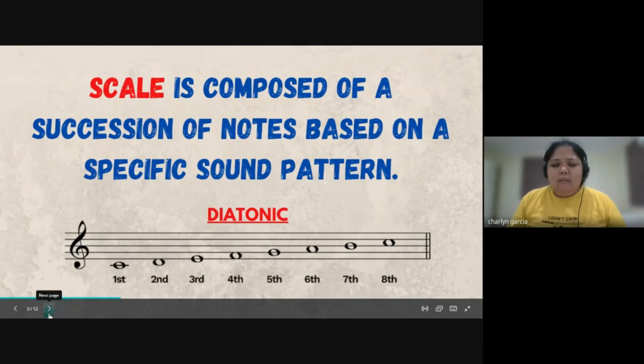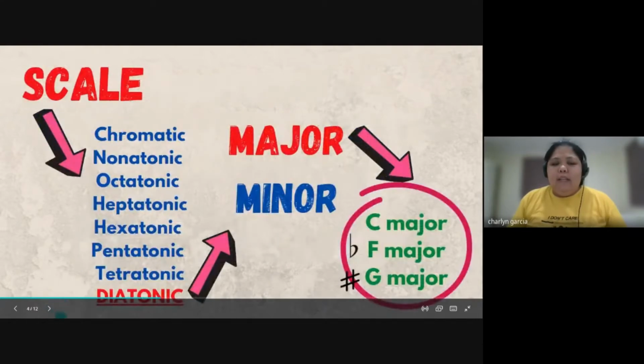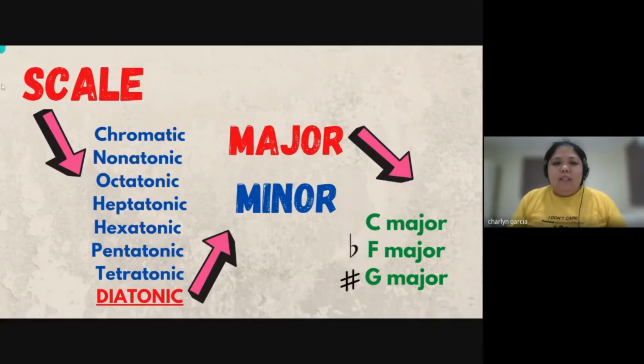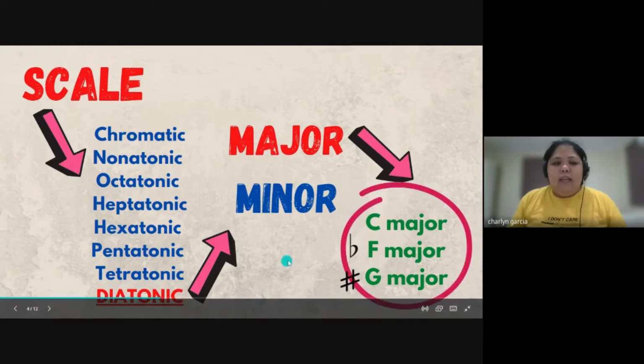So ano ba yung ibig sabihin ng diatonic? So let us look at the picture here. So this is scale. And scale has different types. It can be chromatic, nonatonic, octatonic, heptatonic, hexatonic, pentatonic, tetratonic, and ito yung huli, which is the diatonic. We will focus on diatonic.